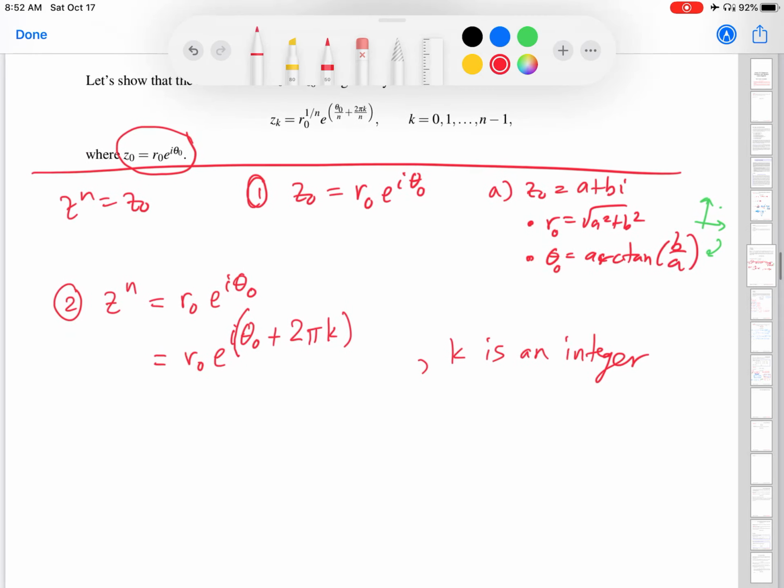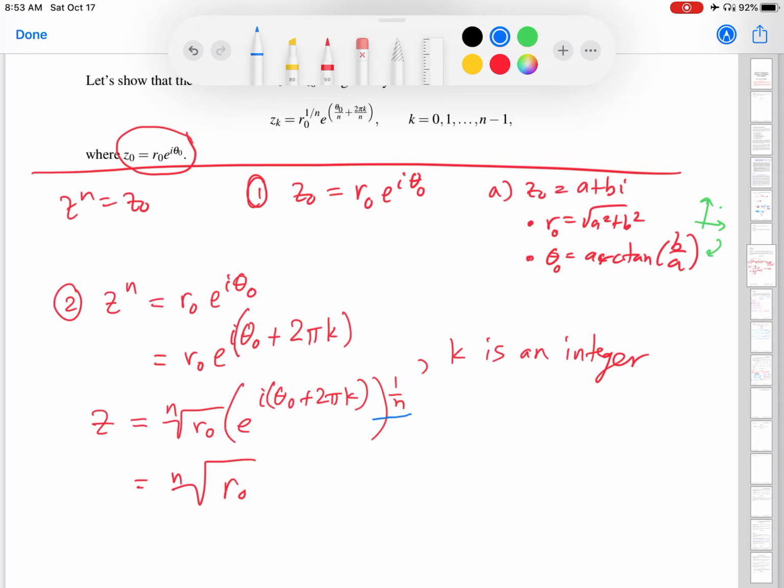Okay, and then once I have that freedom, I say, okay, I want to solve for z. So now I am going to take the nth root of both sides. So the nth root of r sub 0, e to the i, theta 0 plus 2 pi k, and then the nth root of this. So this looks kind of complicated and scary, but that's okay, because this nth root is just going to divide the exponent.